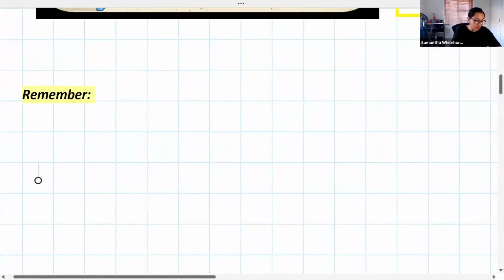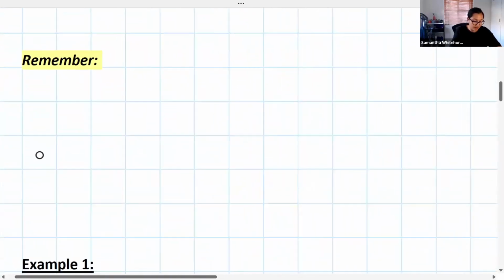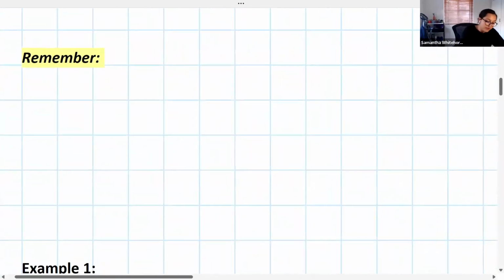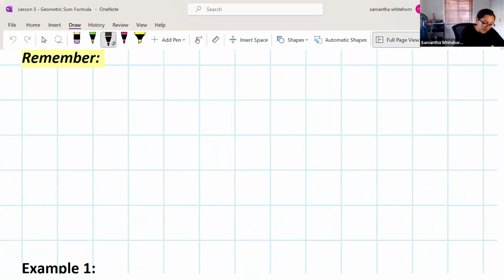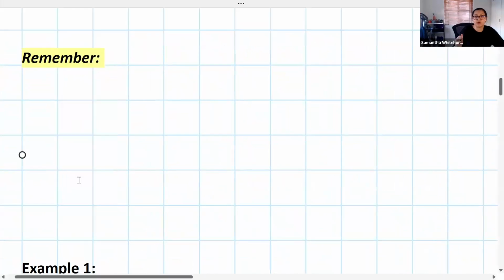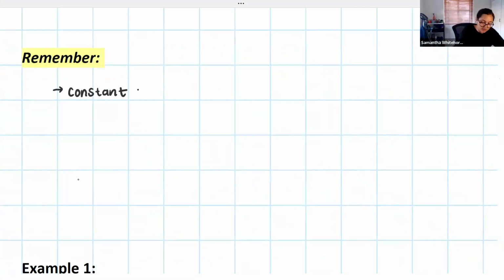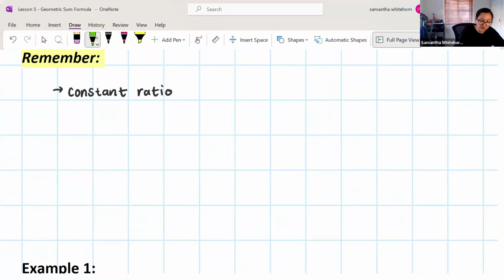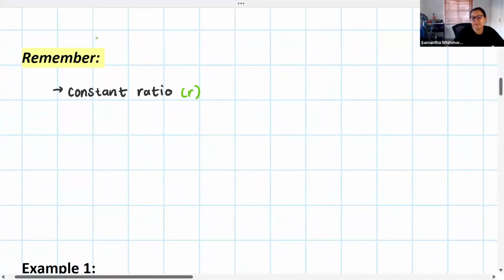So before we get into our examples and our questions, there's a few things that we just need to bear in mind and remember as we go along this journey with geometric series. The first thing is that any geometric number pattern has that constant ratio. Now remember, your constant ratio is the R value in the formulas that we work with.